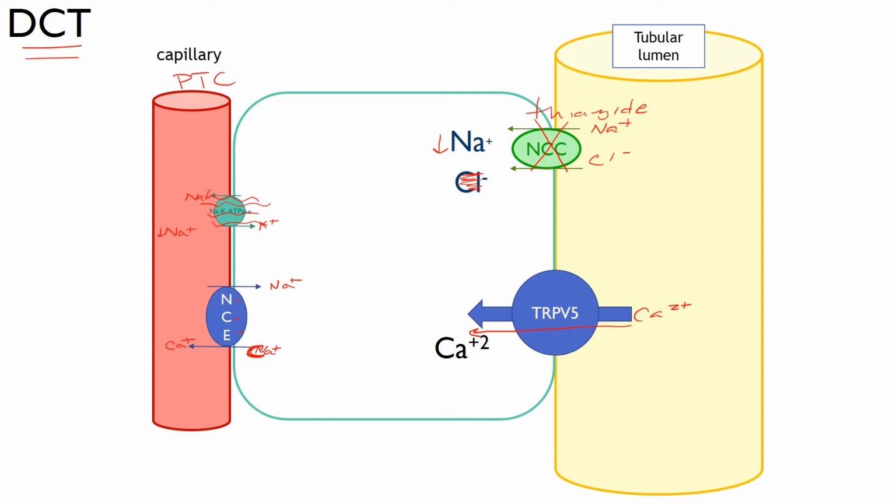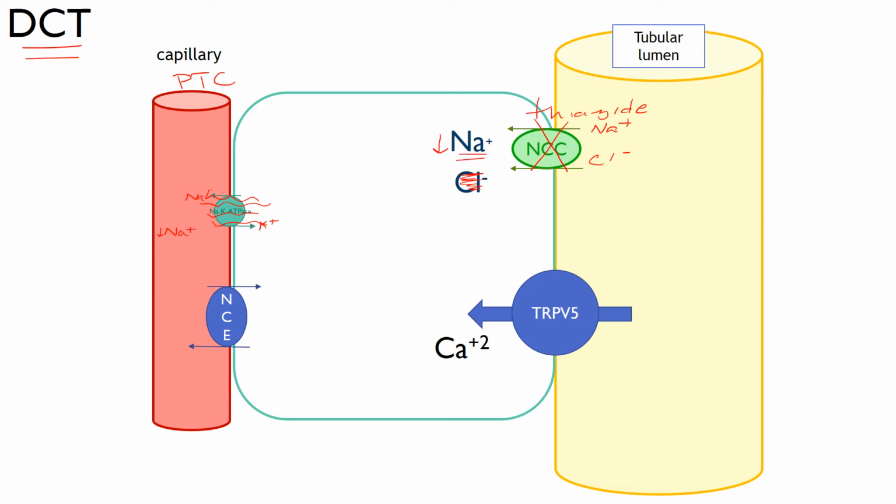Okay, but remember, that's the normal process. Calcium normally gets reabsorbed through TRPV5, and then it gets reabsorbed back into the bloodstream using this NCX. Now let me see if I can erase some of this. All right, so that was normal conditions.